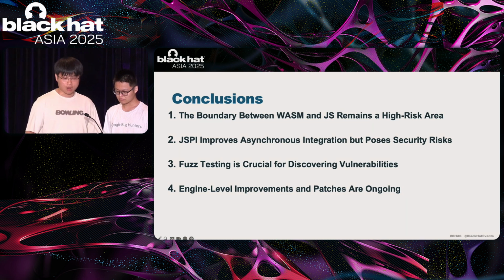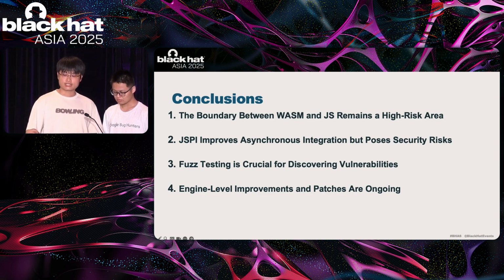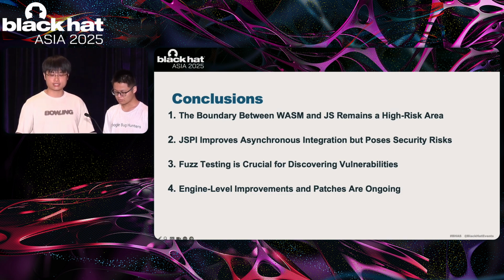In summary, our research highlights key security risks at the WebAssembly-JavaScript boundary. New features like WasmGC and JSPI introduce potential vulnerabilities, making the boundary a critical focus for security research. JSPI enhances asynchronous integration, but increases risks such as type confusion, GC management issues, and execution stack switching, requiring a careful balance between security and convenience.